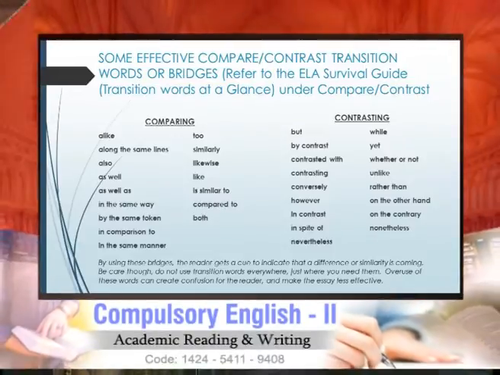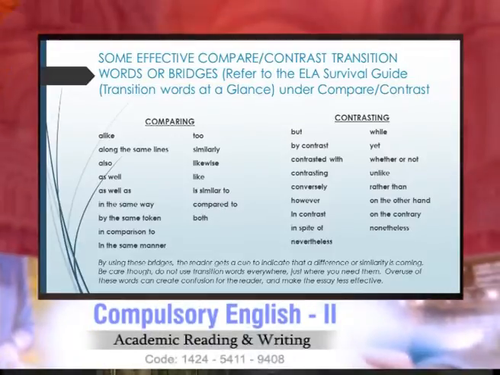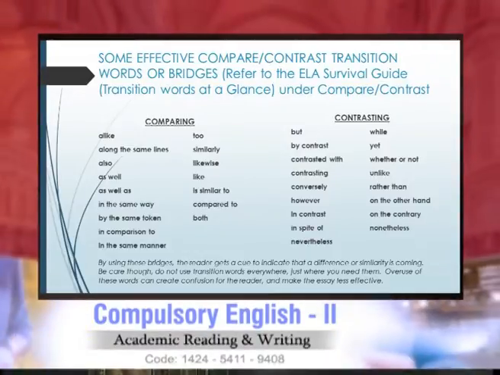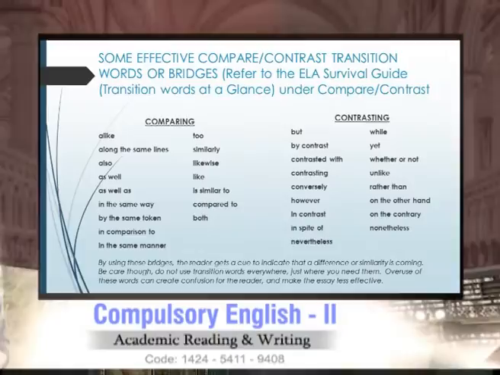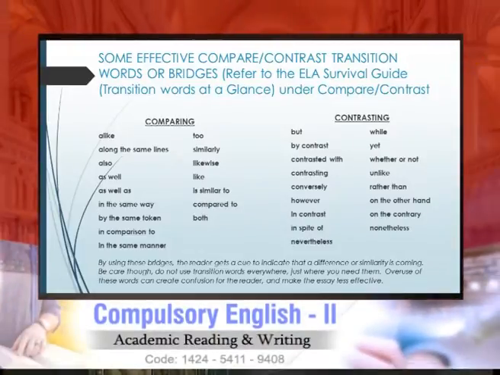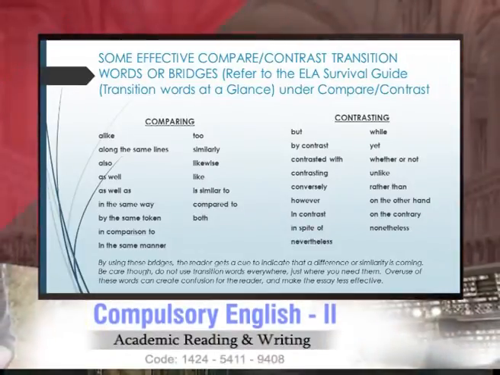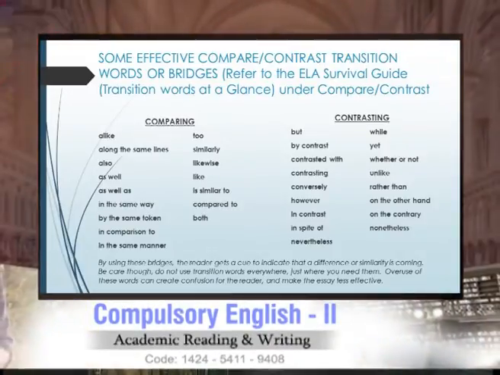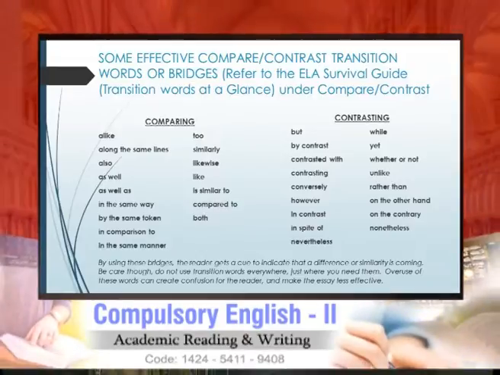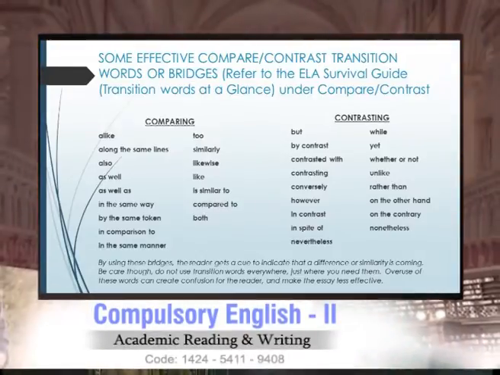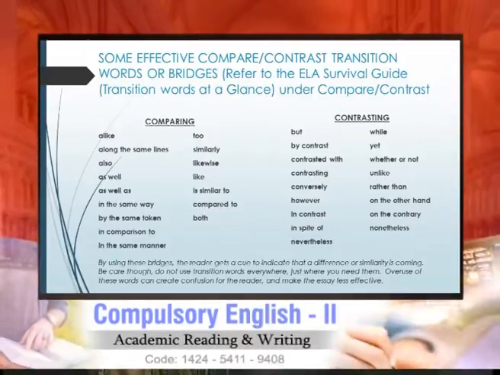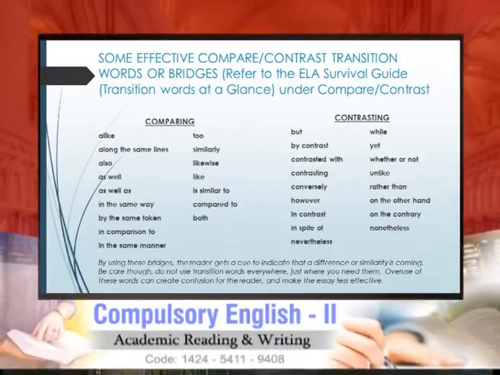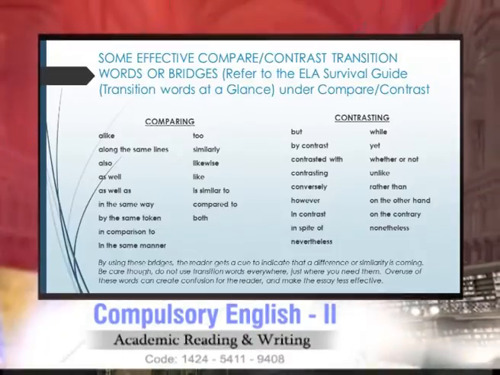For contrasting, you have a separate list that includes but, by contrast, contrasted with, contrasting, conversely, however, in contrast, in spite of, nevertheless, while, yet, whether or not, unlike, rather than, on the other hand, on the contrary, and nonetheless.